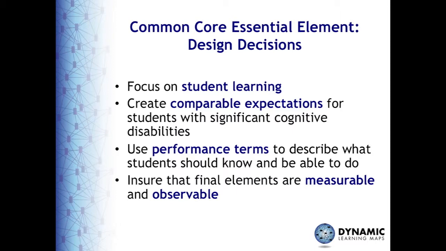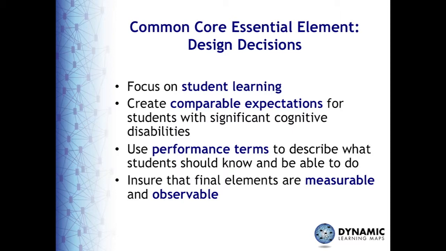The goal was to ensure that the essential elements increased the likelihood that students with significant cognitive disabilities would achieve college and career readiness. Another decision involved making certain that the essential elements created comparable expectations for students with significant cognitive disabilities, while highlighting the essential learning elements of the grade level standards in the Common Core.